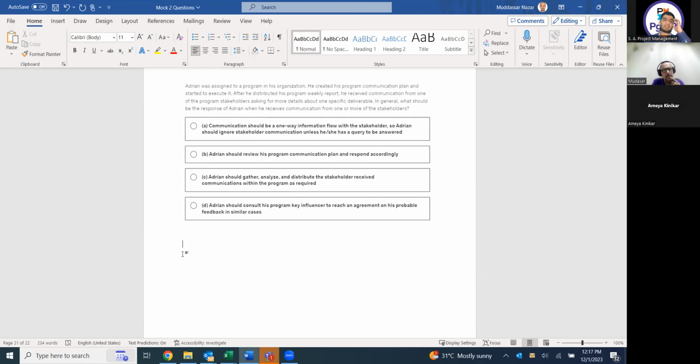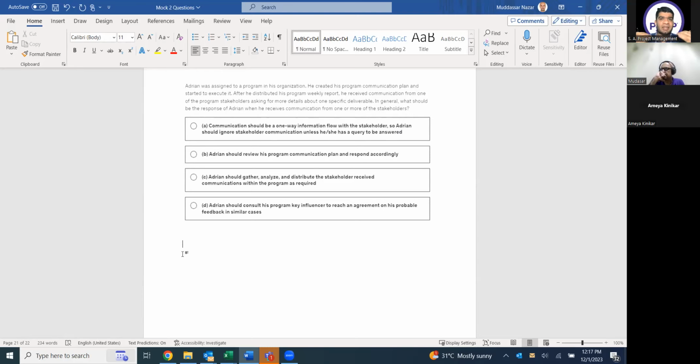Remember, understand, if you are working in a program and one person comes to you saying he is one of your key stakeholders, but you have not analyzed him or talked to him, in that case you will review the stakeholder register and the stakeholder engagement plan. Why did you not consider him as a stakeholder?